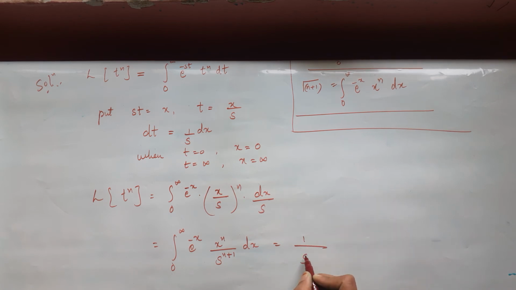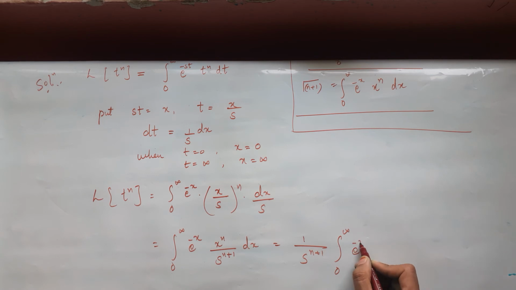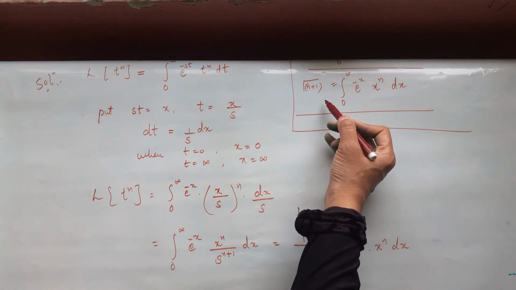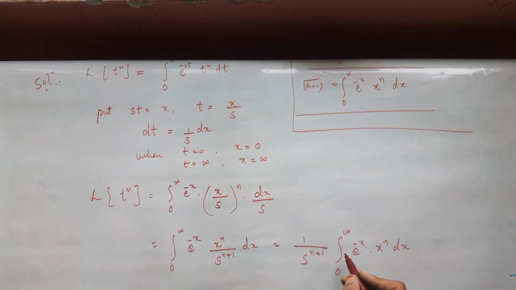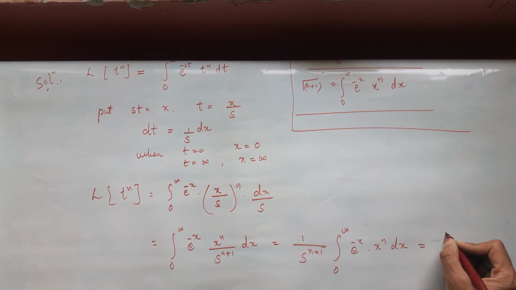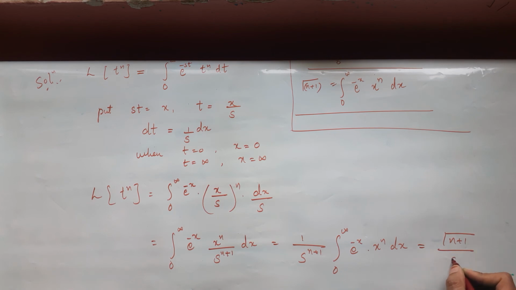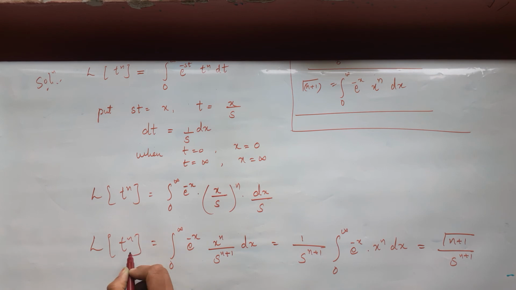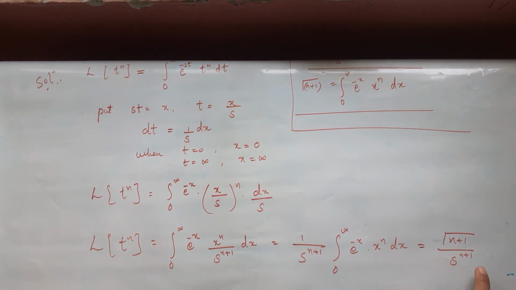It is 1 divided by s to the power n plus 1, integration from 0 to infinity e to the power minus x, x to the power n dx. Now what is this? It is gamma of n plus 1. So this results in gamma of n plus 1 over s to the power n plus 1. Therefore, the Laplace transform of t raised to n is gamma of n plus 1 divided by s to the power n plus 1.